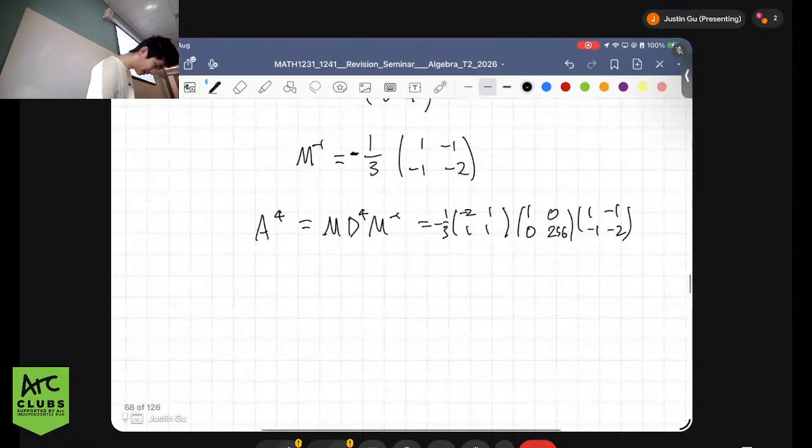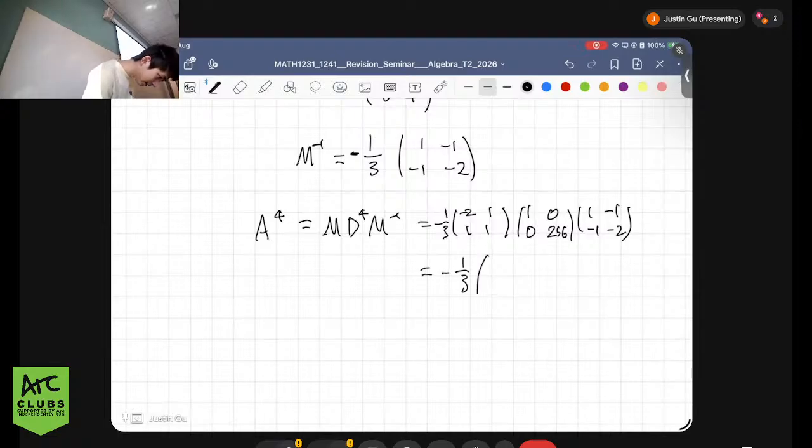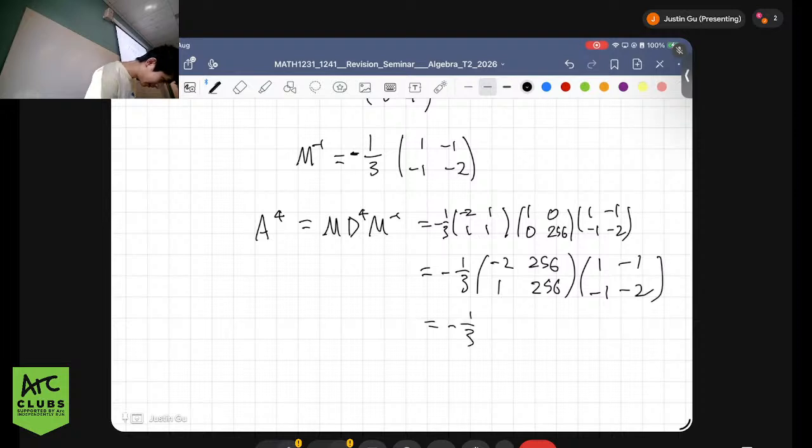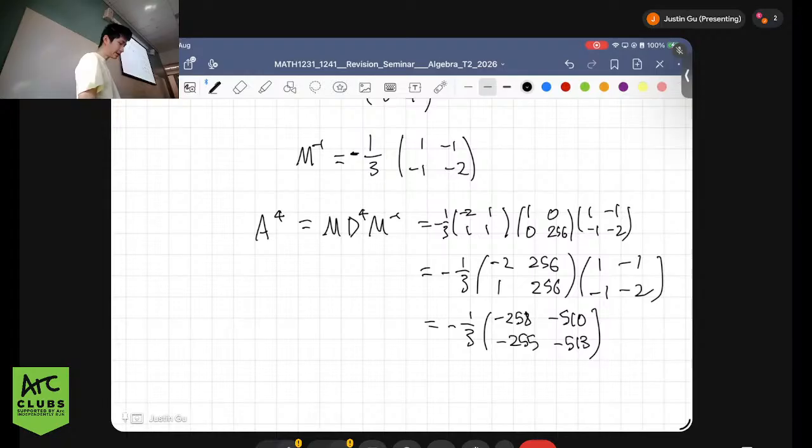And, okay, negative 1/3, 256, 1, 256 times 1, negative 1, negative 1, negative 2, and 1/3, negative 258, 2 minus, okay, negative 510, 1, negative 255, negative 13. Something like that.